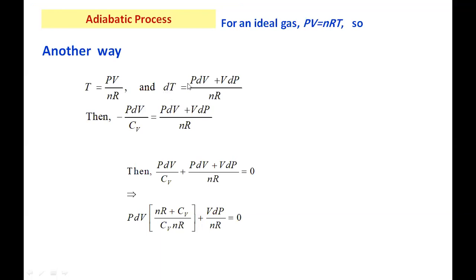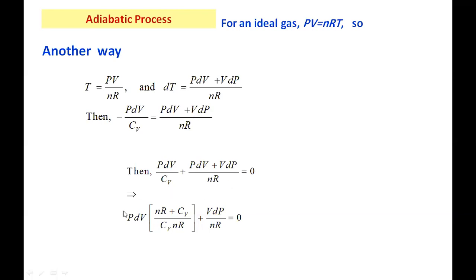So we differentiate: dT equals P times the derivative of V plus V times the derivative of P, over nR. Then we have minus PdV over Cv, and we substitute: PdV plus VdP over nR. We arrange the equation again: PdV over Cv plus PdV plus VdP over nR equals 0.